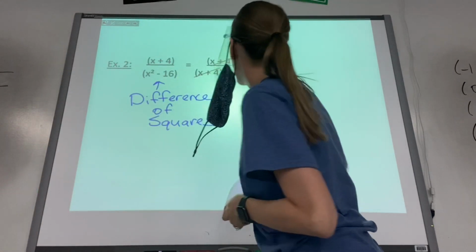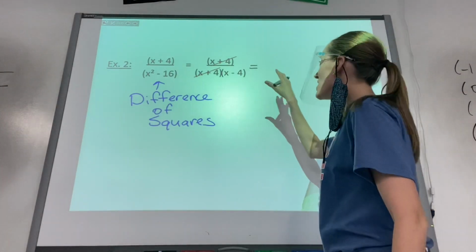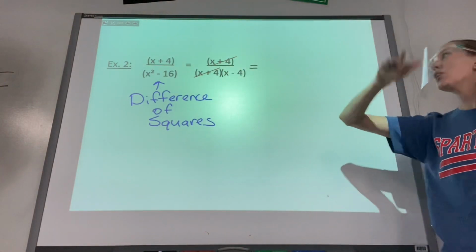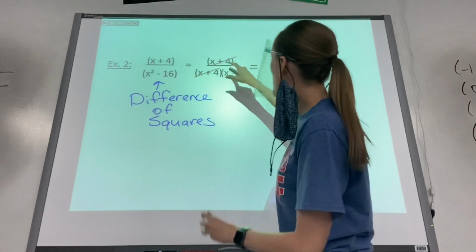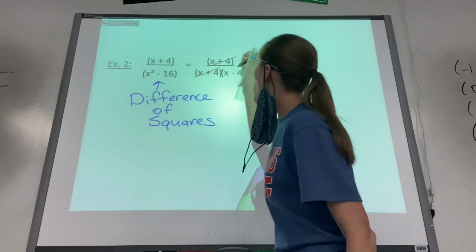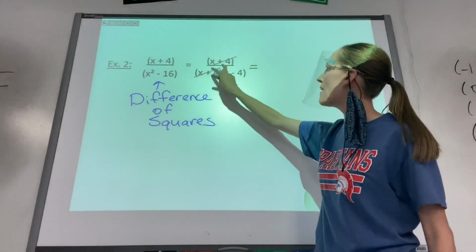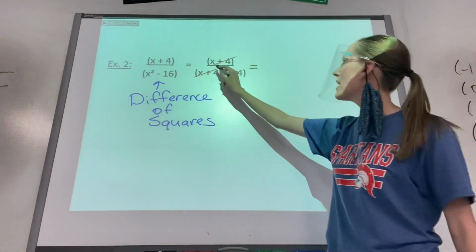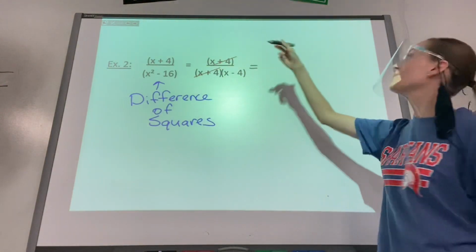Okie doke. So I've got an x plus 4 on top, x plus 4 on bottom. It looks like on top that everything is gone. So you're maybe tempted to put a 0 there. But technically what's happening here, when you eliminate those, it's actually like you're dividing both of those by x plus 4. What do you get when you divide something by itself? 1.